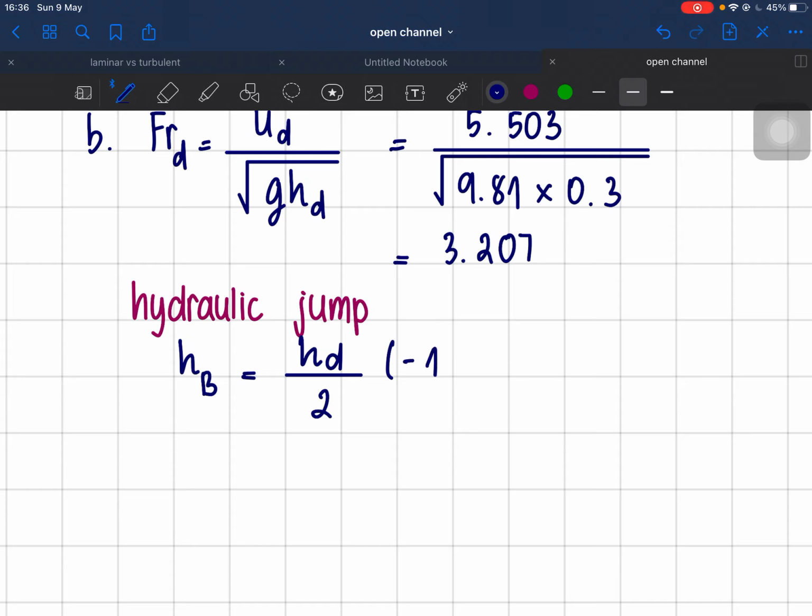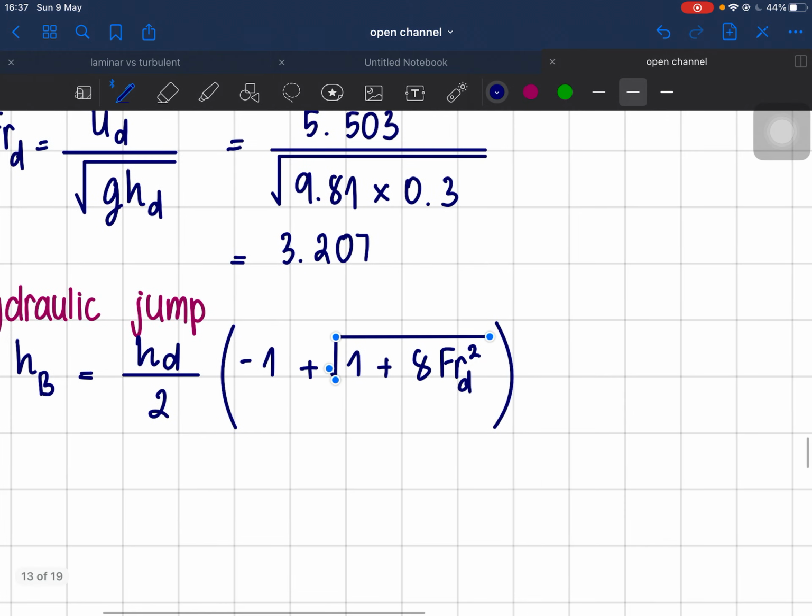And times with minus 1 plus, there you go again, it's supposed to be really long here, plus 1 plus 8 Froude number square, but this Froude number is the Froude number of D, okay, and this is in the square root, so everything here is going to be like this.